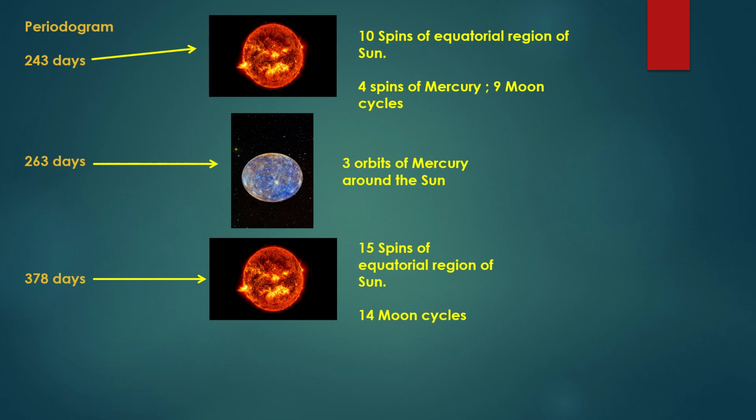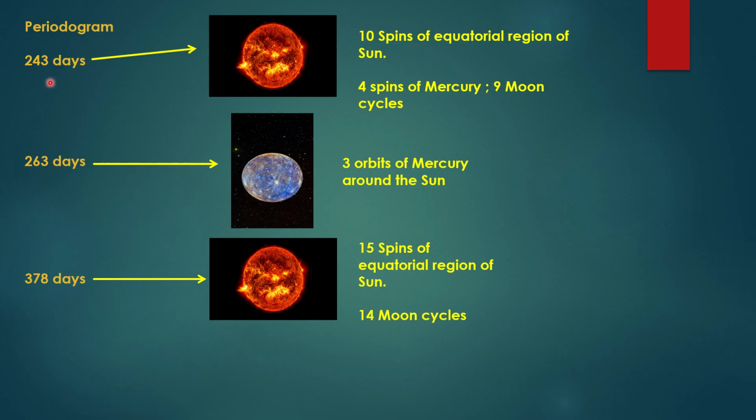So the first question to ask, what is 243 days? Well, that's equivalent to the time that it takes for the center region, the equatorial region of the sun, to spin around its axis 10 times. The sun is a ball of gas, a burning plasma, but it's actually divided into different segments, and each segment has a different amount of time that it takes to spin around its axis.